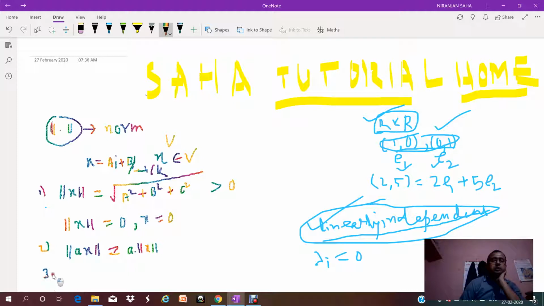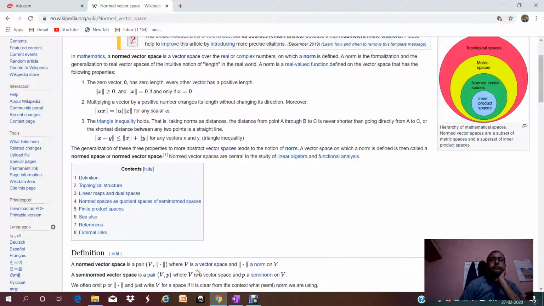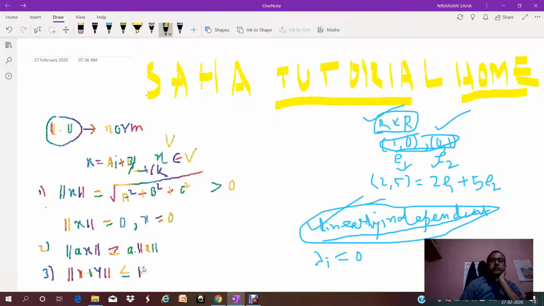What is the triangular property? The norm of two vectors, x plus y, must be less than or equal to the norm of x plus the norm of y. How can the norm be depicted in a figure?